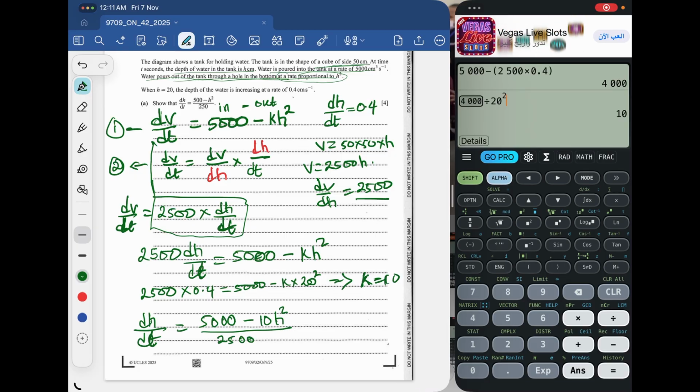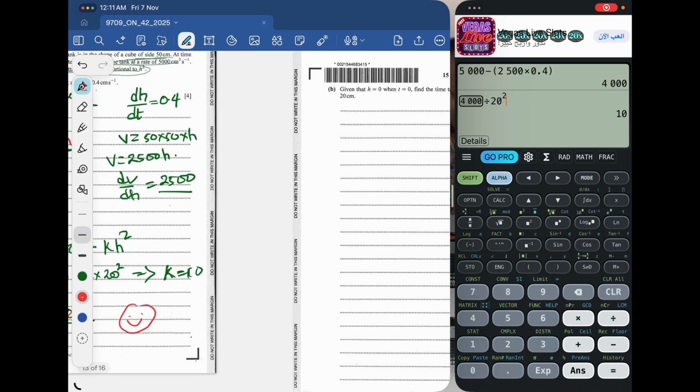We just divide everything by 10. I think that is how they got 500 minus h squared over 250. So that is my answer. I hope it makes sense. Be very careful when they talk about rate. You need to add k and find k.